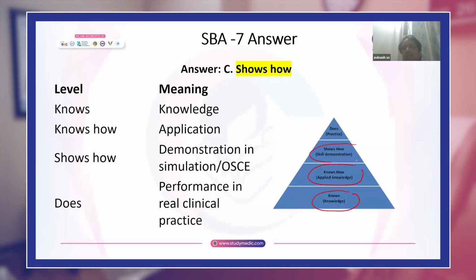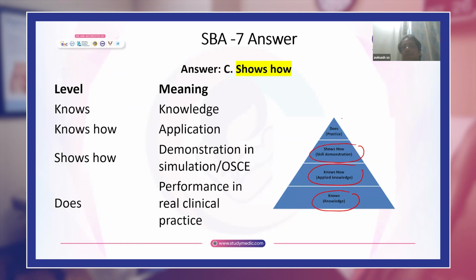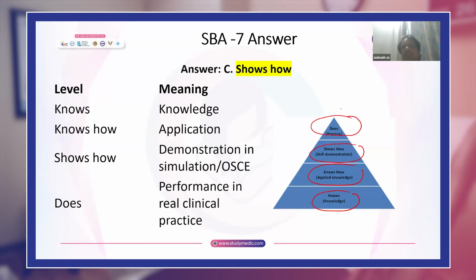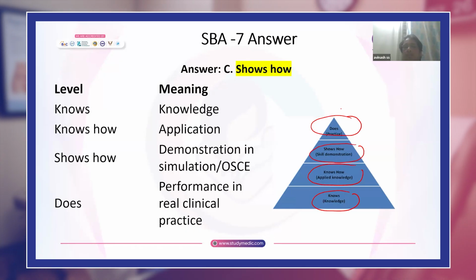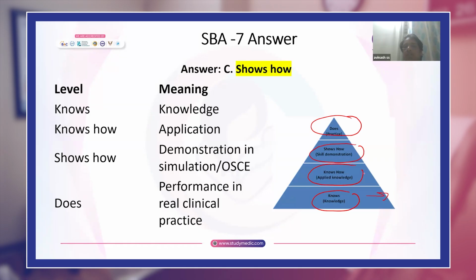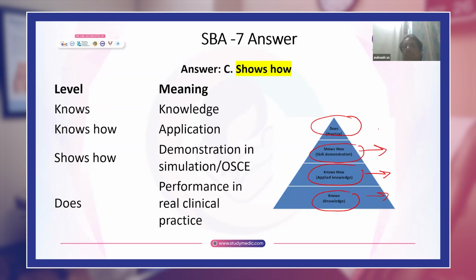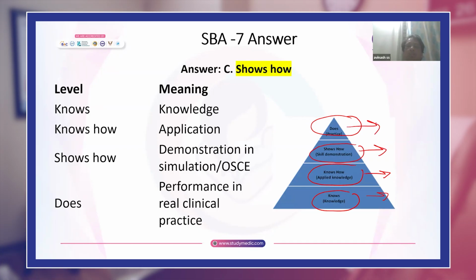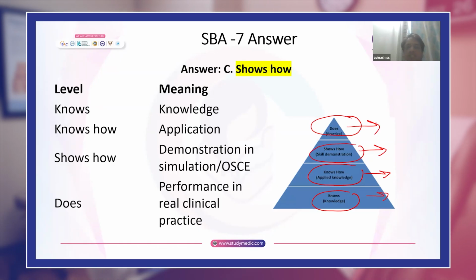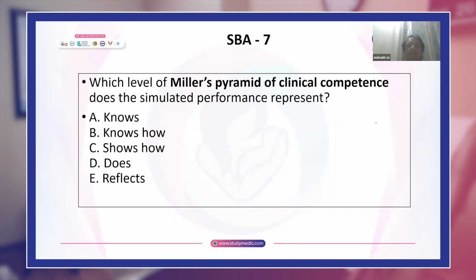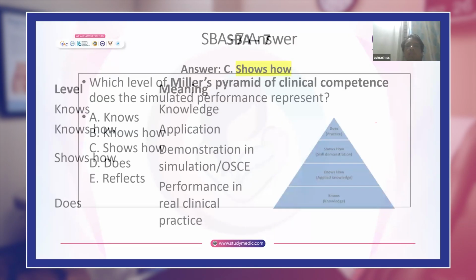Then skill demonstration in a non-workplace simulated setting. Then skill demonstration in actual practice or the workplace setting. So knows is memory, knows how is application of the knowledge, shows how is in a simulated setting, and does is actual practice. So simulated performance checks the shows how level of Miller's pyramid of clinical competence.